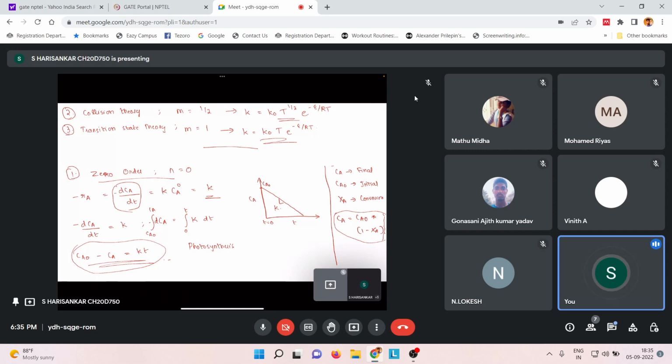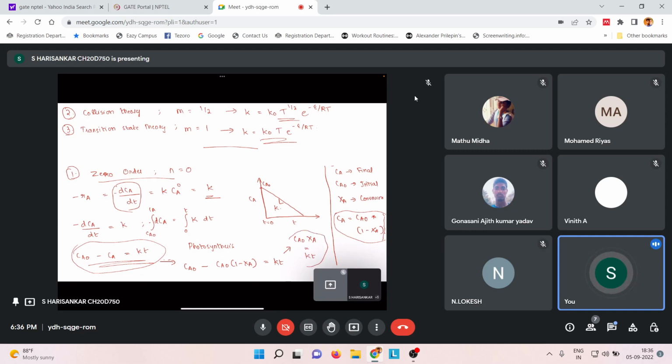So now we can apply this CA is equal to CA0 into 1 minus XA in this equation. It will become CA0 minus CA, which is CA0 into 1 minus XA, is equal to Kt. We can solve this equation, and you will get CA0 into XA is equal to Kt.